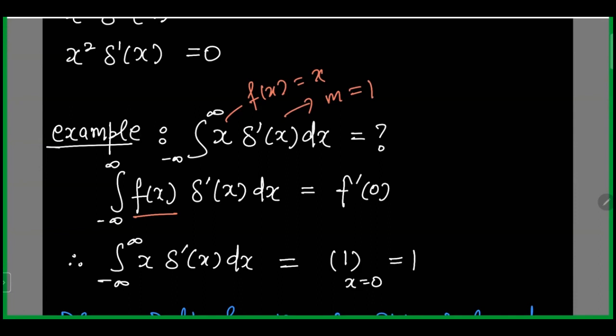So what will be your value here? I think it will be a minus sign. Sorry for that. So you will raise your -1 to the power 1 and you will put the value 0 into your f dash x. Okay.